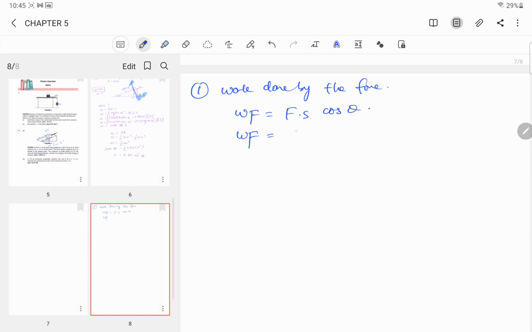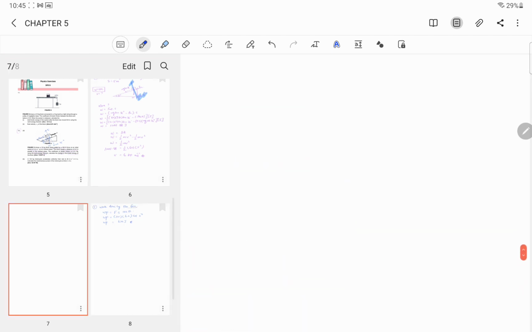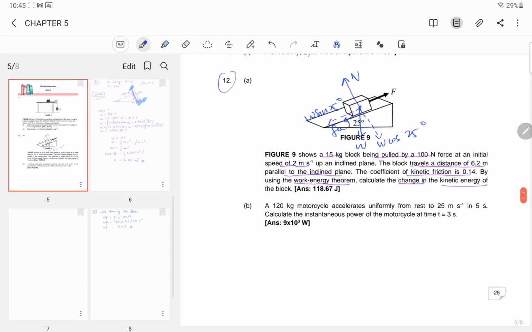F is 100, s is 6.2, cos 0 degrees. So we have the work done by the force here. We have three works: work done by the force, work done by gravity, and work done by friction. All three are needed because we want to get our delta K.